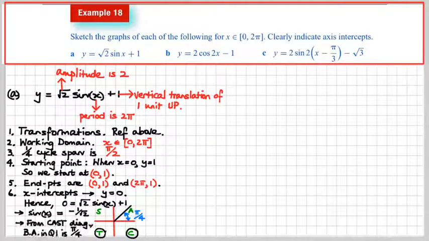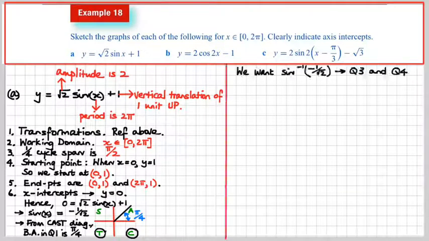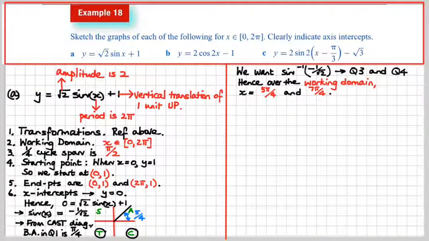From the CAST diagram, the basic angle in quadrant 1 is pi on 4, but we want the angle whose sine is minus 1 over root 2, so we want quadrants 3 and 4. So which are the angles?